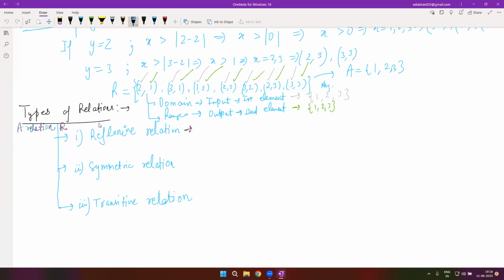The elements of domain are from a particular set, and elements of the range are also from a particular set, and that set can be the same, right? So it doesn't matter whether two sets are involved or one set is involved, but in general, there will only be one set. Like there will be set A only.